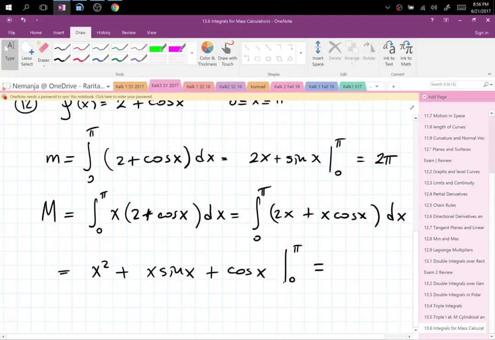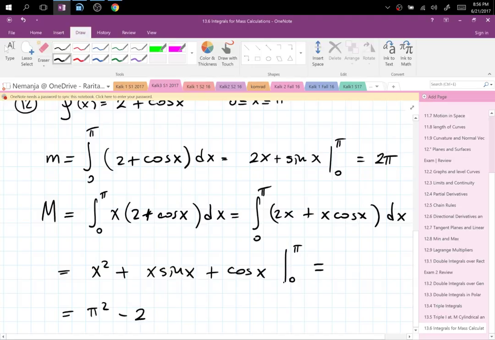I hope. So the first term is going to die. We have pi squared. Both sine of pi and sine of 0 are 0, so that's done. And then cosine of pi is -1, and so I have -2. Cosine of pi is -1, and then minus cosine of 0, which is another -1.